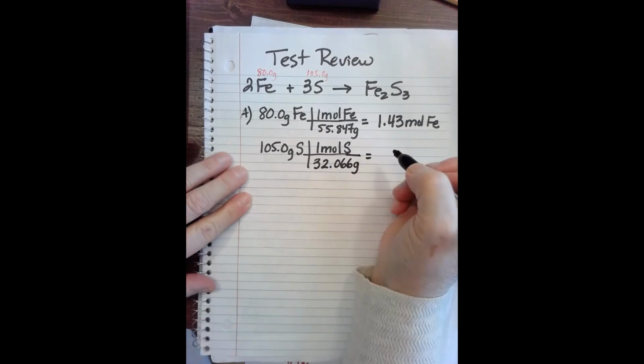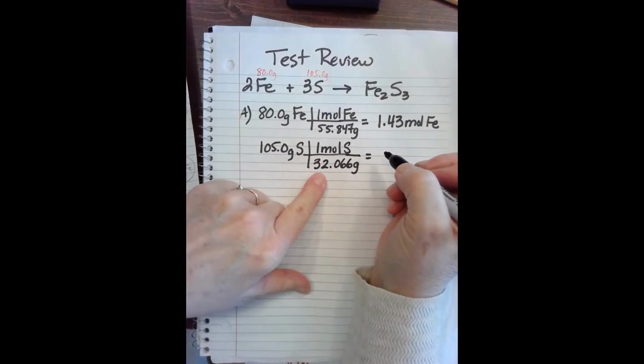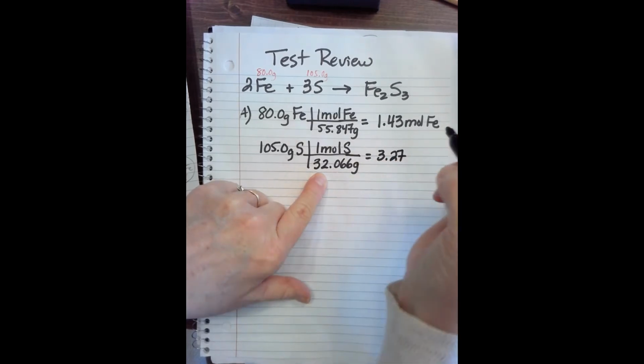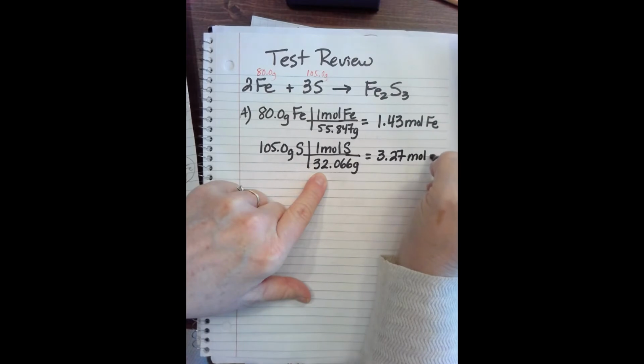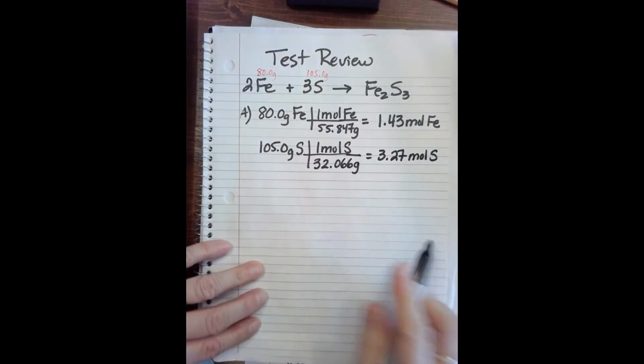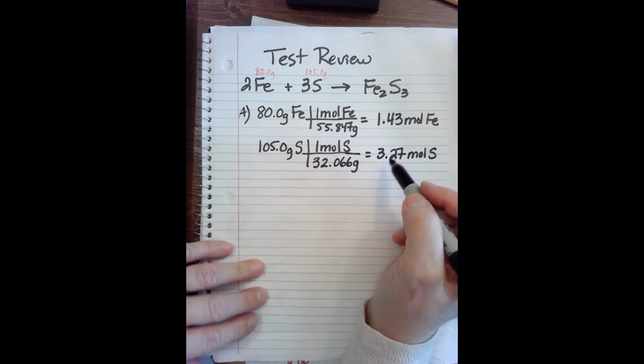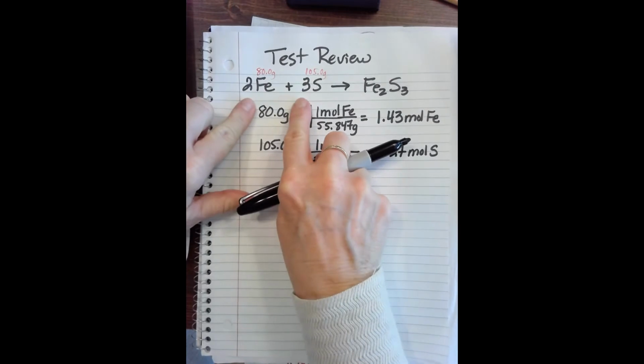And so it's 105 divided by this, so this is 3.27 moles of sulfur.